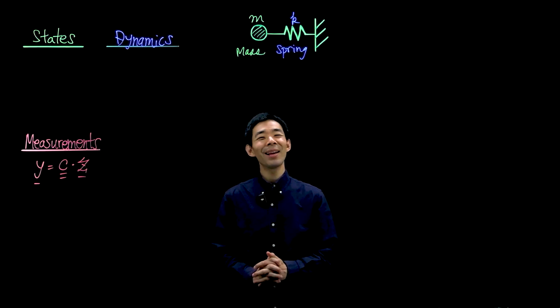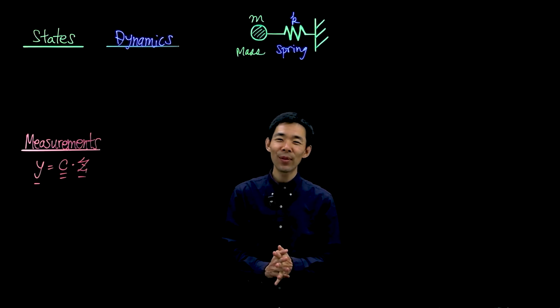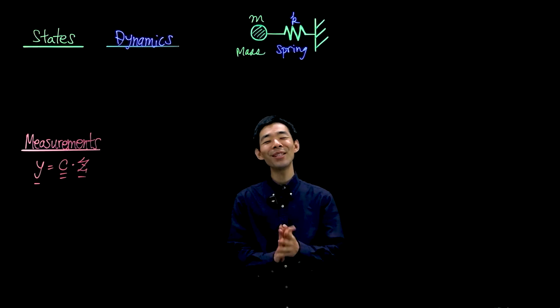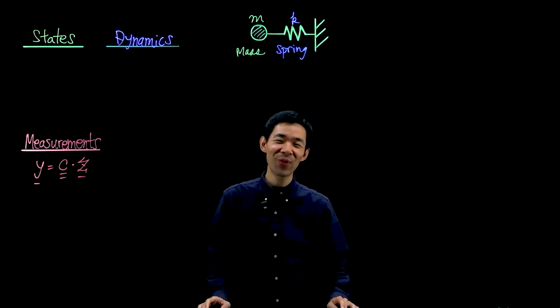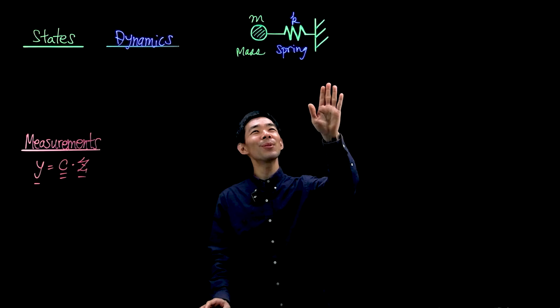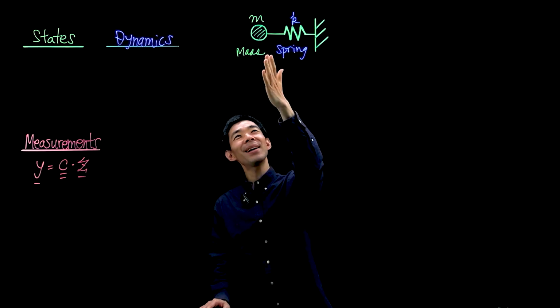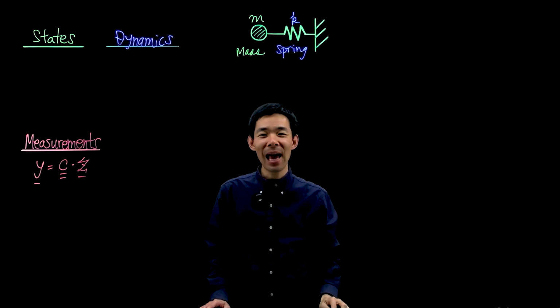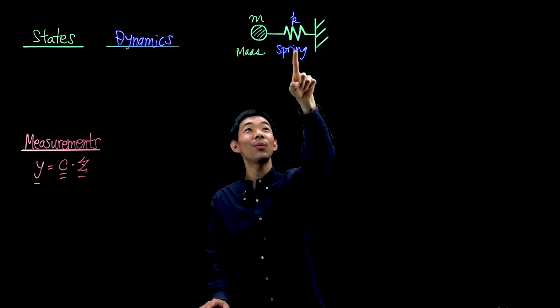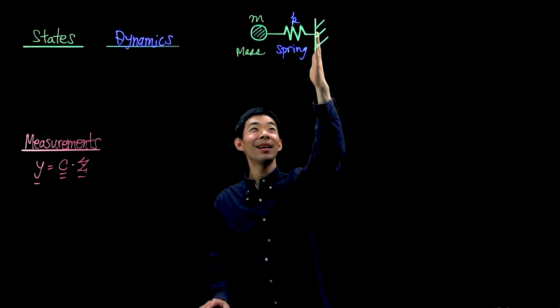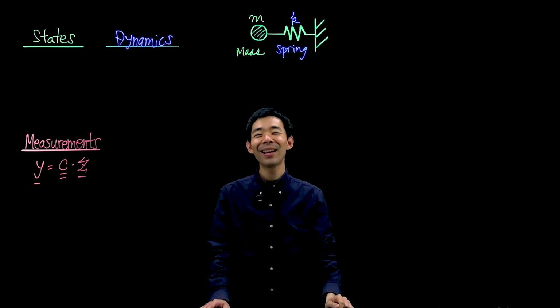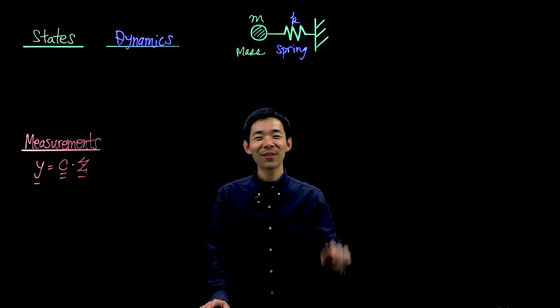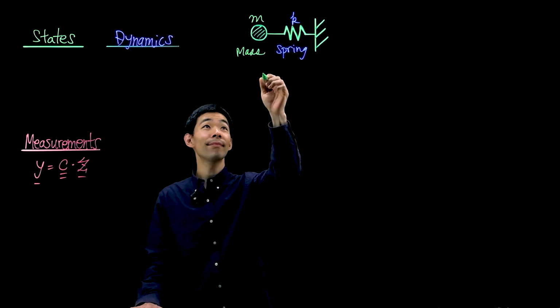Let's start on the concept of observability and embedding using a very simple high school physics example. Suppose we had a mass m attached to a spring with stiffness k attached to a wall. Okay? So the force balance for the system can be written like the following.